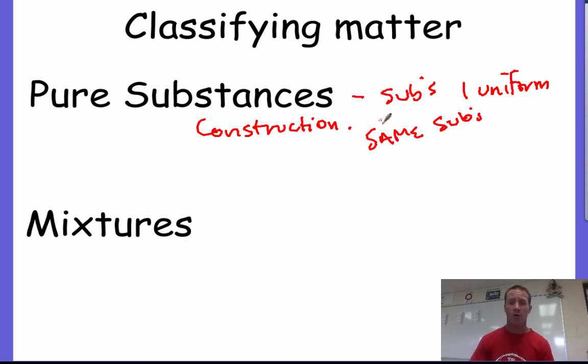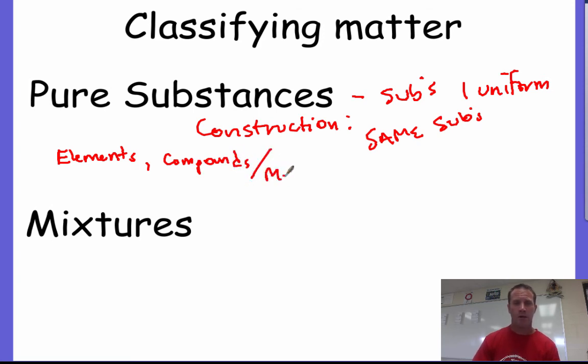It's important to note that elements and compounds and molecules, of course, are always pure substances because they contain the same thing throughout. Again, I'll use salt: NaCl is sodium chloride throughout. It's uniform throughout. It's all the same.